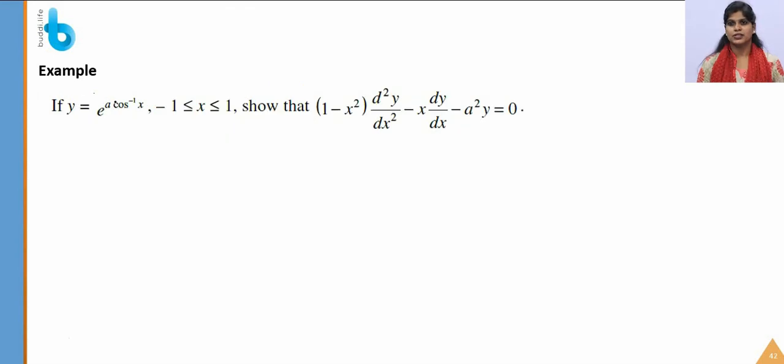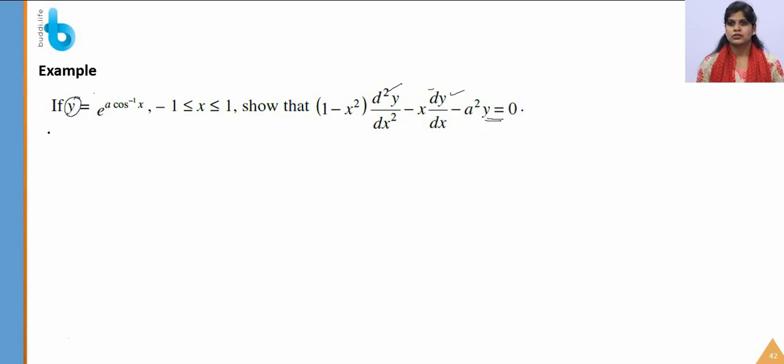So next we will see an important sum. Guys, this is very important, so I wanted you to practice it. See here, the sum involves second order derivatives. So we are going to differentiate this y two times. First we will find dy by dx, as dy by dx is also important to make this equation true.